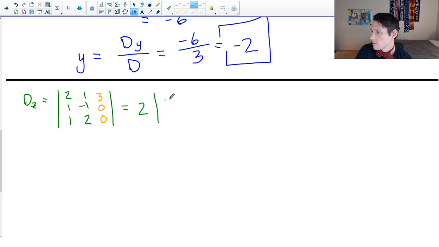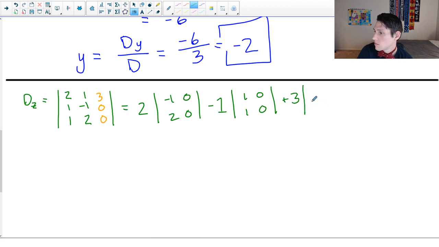Go through the formula. I'll keep saying it as a negative 1 there, even though this is a positive 1.